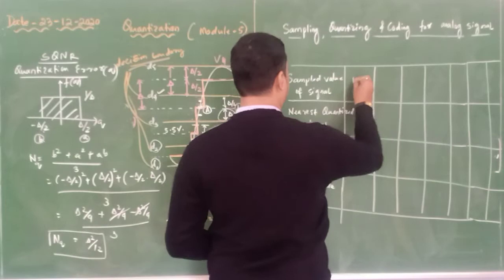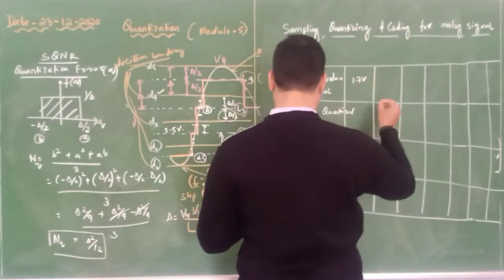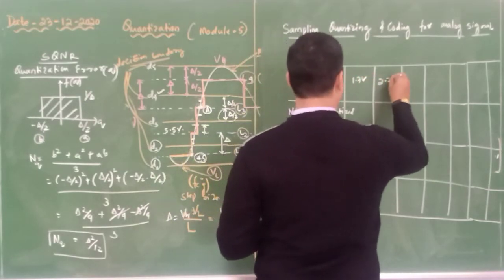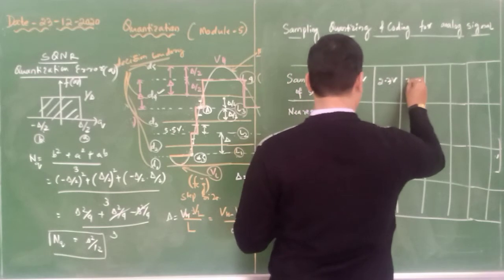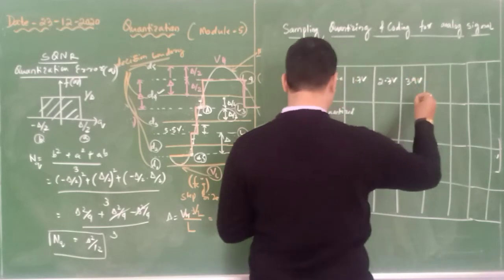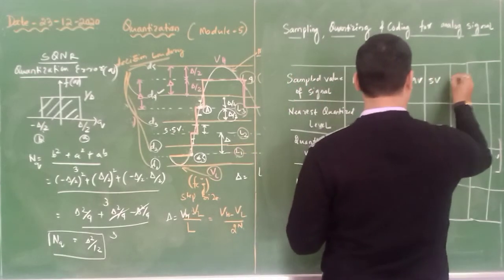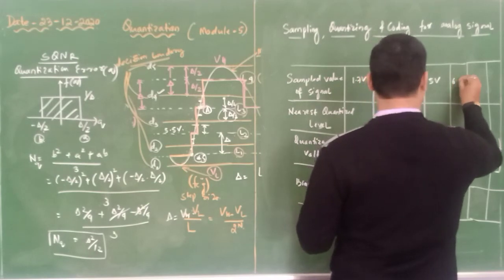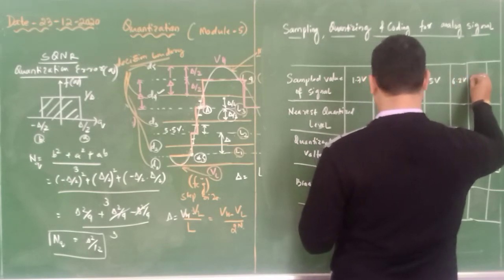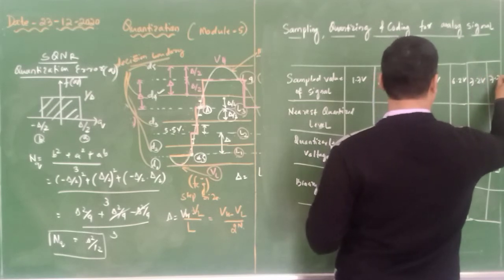Let us consider the first case is 1.7, this is 2.7, then 3.9 volt, then 5 volt, then 6.2 volt, then 7.2 volt, and then 7.7 volt.